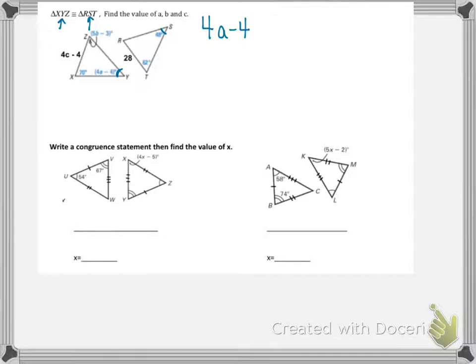So I have 4a minus 4, and I'll set that equal to 48. Cool. So I've got 4a equals 52 after I add 4 on both sides. Then I'll divide by 4. I will get 13.